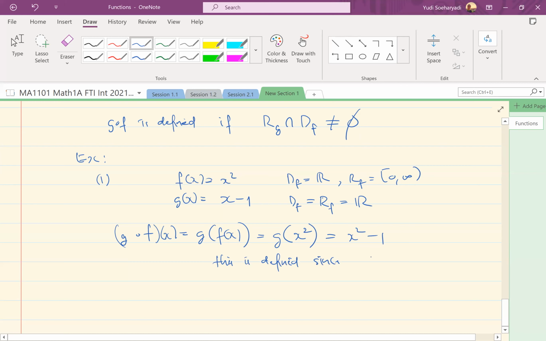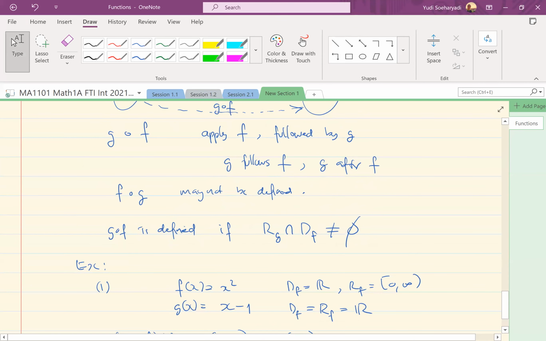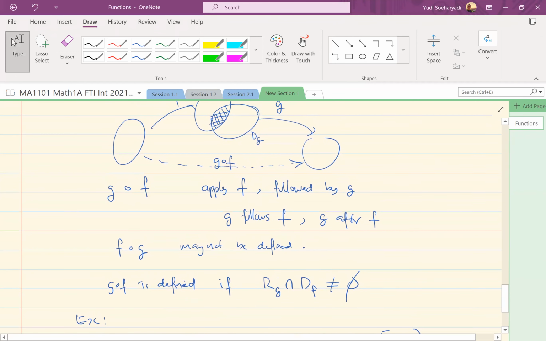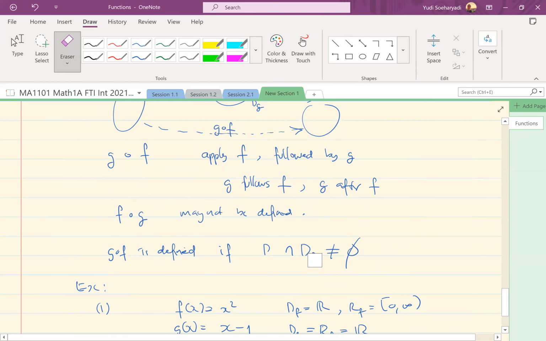Let's see, what are the conditions? Sorry, the other way around.